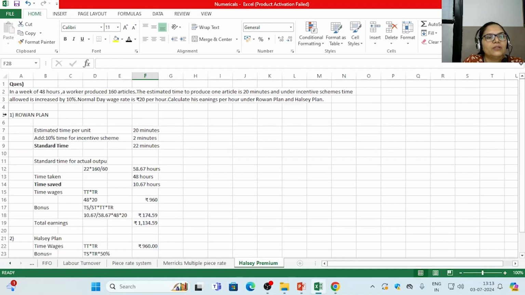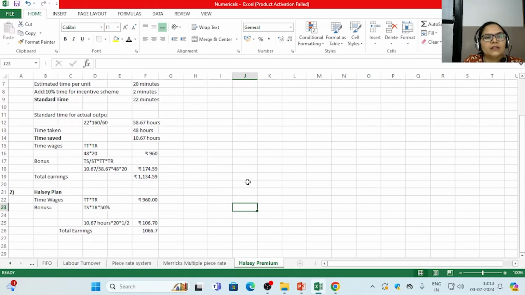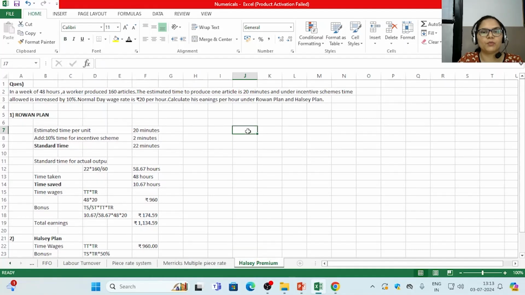So we have calculated earnings on the basis of two methods, that is Rowan plan and Halsey plan. For your better understanding, let me write the full forms of the abbreviations.